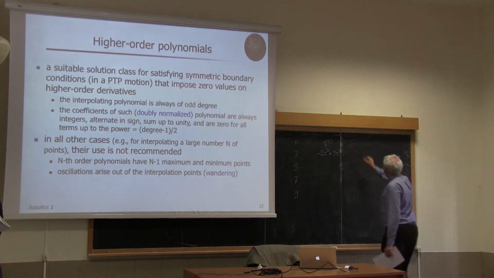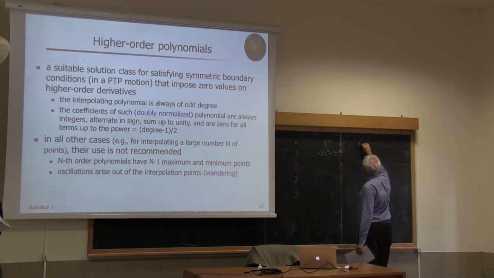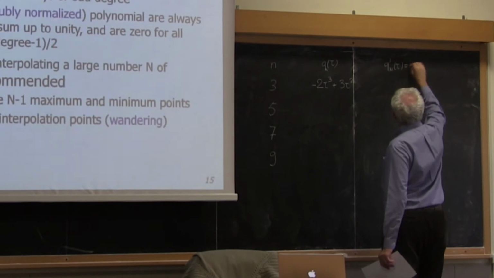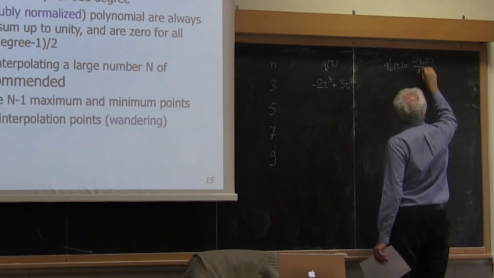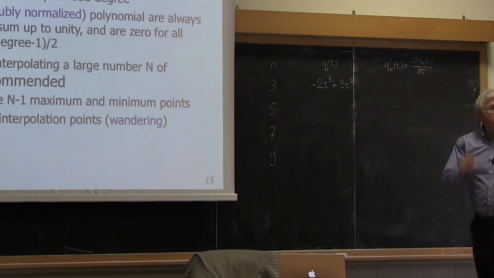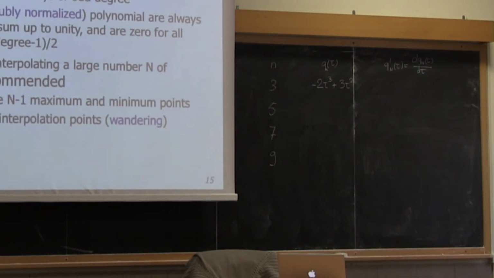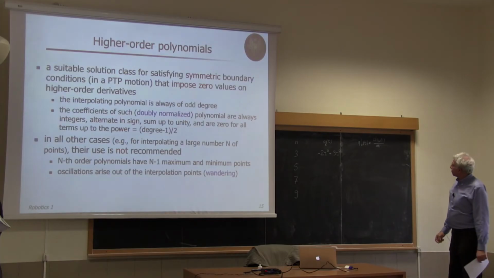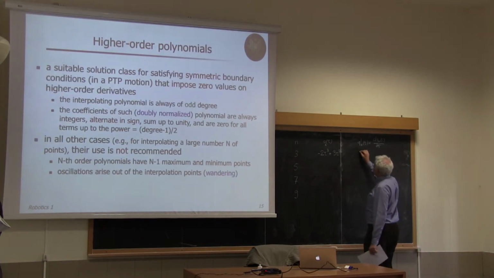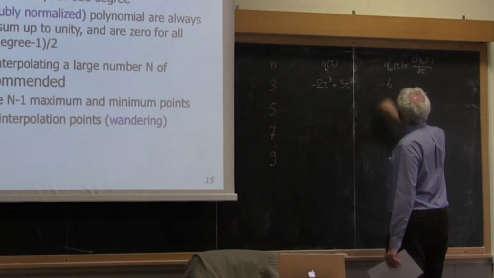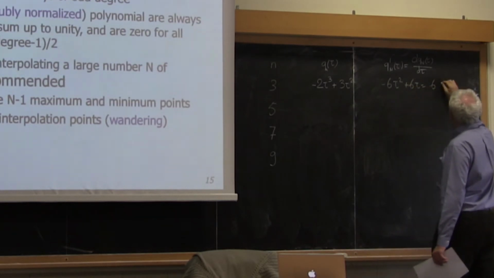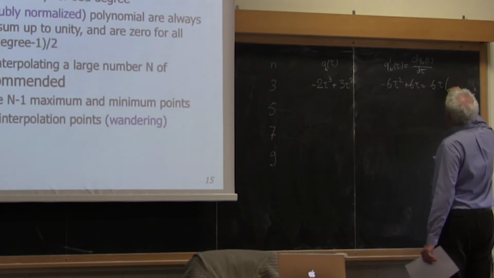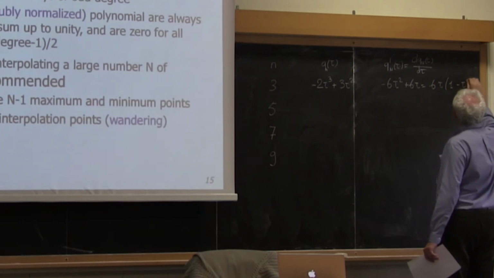Okay? By the way, you can also compute Qn prime of tau, which is dQn with respect to d tau, so the derivative with respect to this normalized time, not the original time. And here you see that this is minus 6 tau squared plus 6 tau, or if you wish, 6 tau times 1 minus tau.